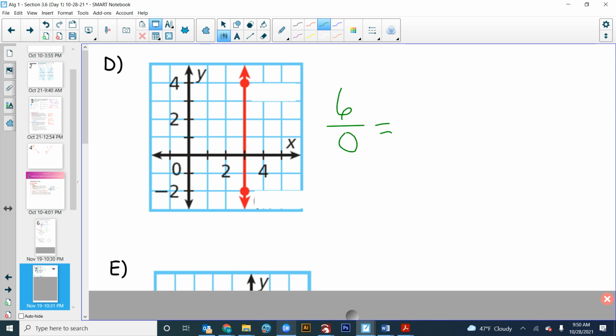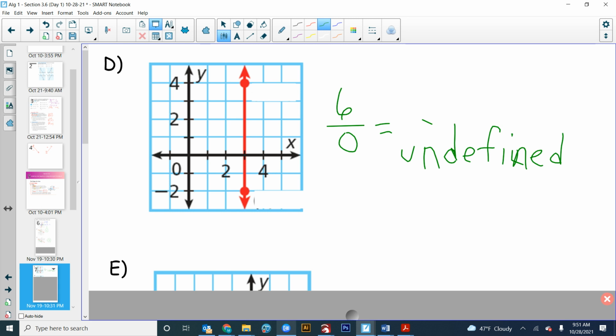We call this undefined. From now on, you can write UND.